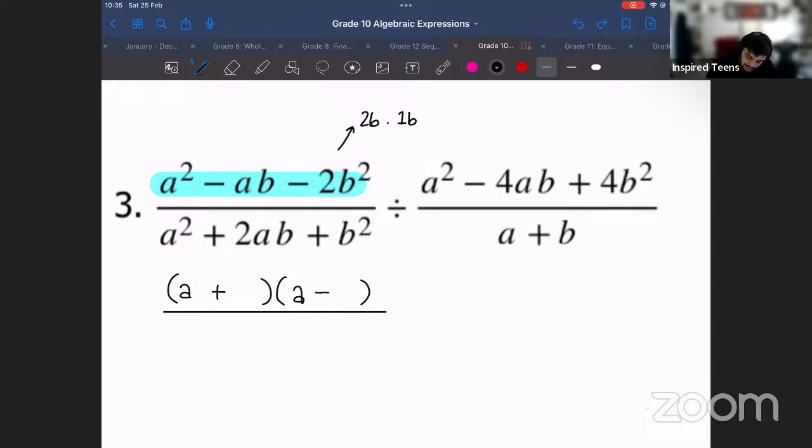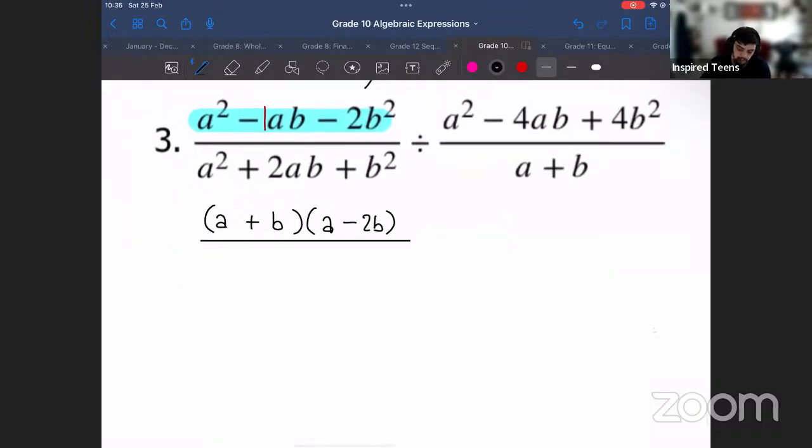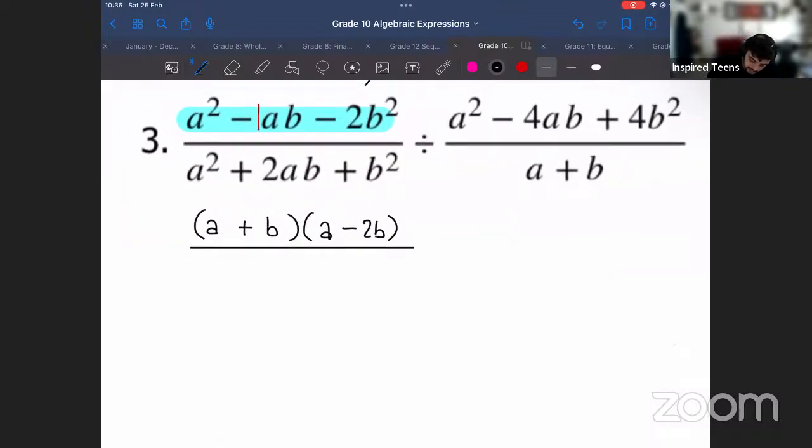But remember, I need to get negative ab. So again, just focus on the coefficient of ab. You need to get negative 1, so you need to use 2 and 1 to get negative 1 somehow. In that case, I would put the negative by the 2. So this is negative 2b, and this is positive 1b. Okay, so that's factorized. Same thing at the bottom.